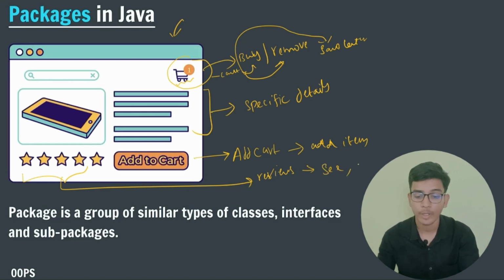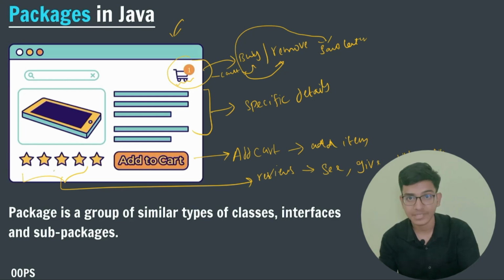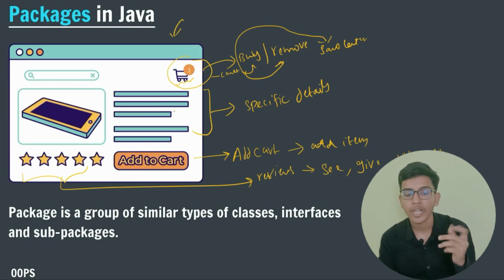We can see the reviews, give reviews, like reviews or dislike reviews. Similarly in the add cart button we can add items, remove items, and in the cart you can buy items, remove items or save them for later.